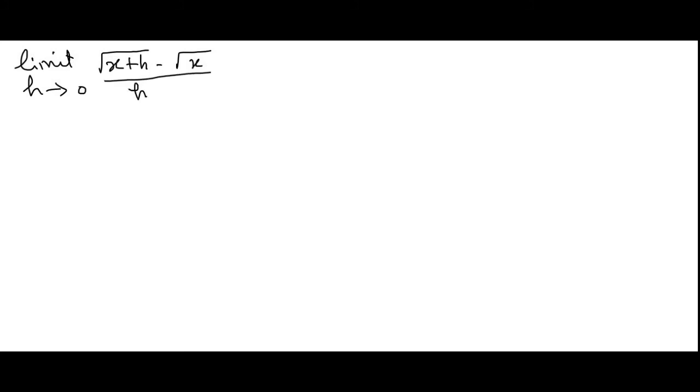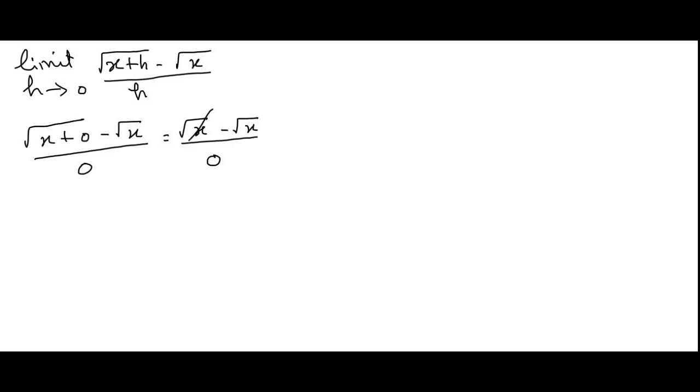Now again applying the limit, we get root of (x plus 0) minus root x over 0, which is root x minus root x over 0. Again this is cancelled and we get 0 over 0 form, which is again undetermined form. Now again, using the same procedure as in the previous question, we rationalize it.